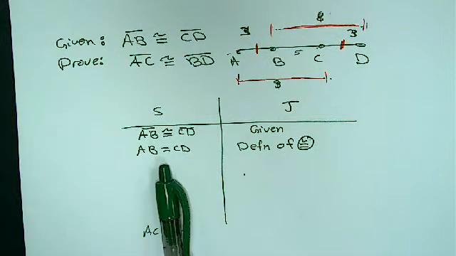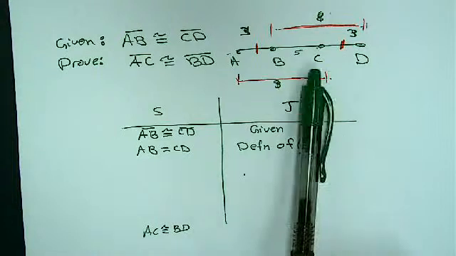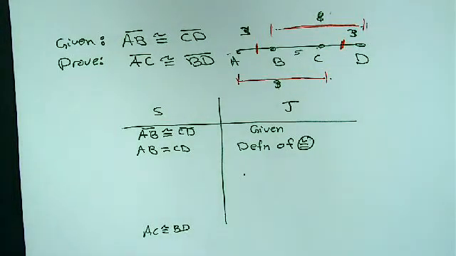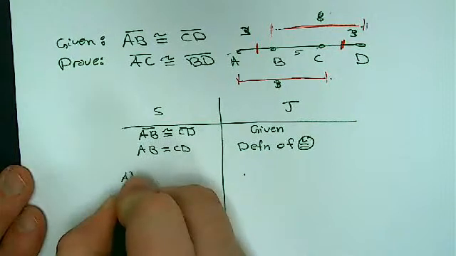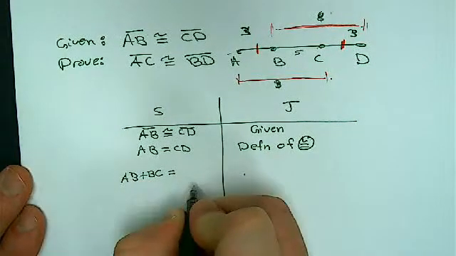Now for the hard step. What were we doing up here again to show that this worked? Okay, AB plus BC.